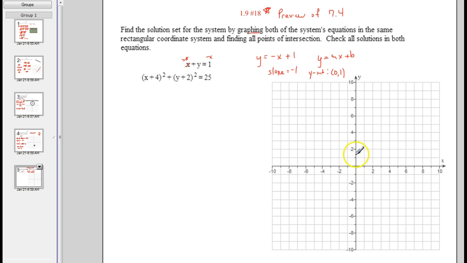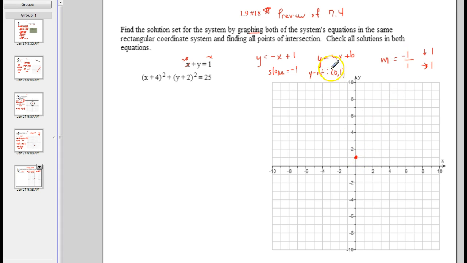So I'll plot 0, 1 for the y-intercept for this line. And then the slope is negative 1. Remember, we can think of slope as rise over run. So I could write negative 1 as negative 1 over 1. And then the rise is negative, so that means we go down 1. And then the run is 1, so that means we go to the right 1. And what this gives me is a list of instructions to go from one point to the next on a line.